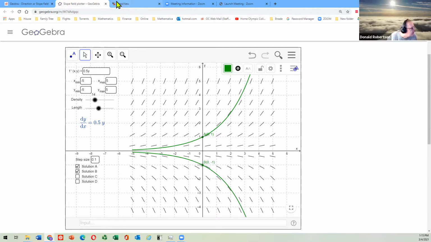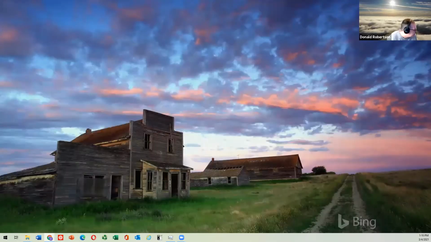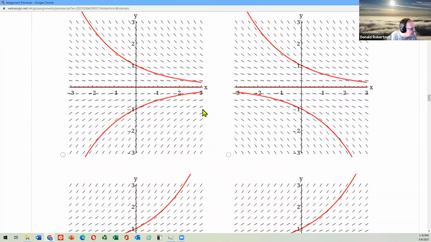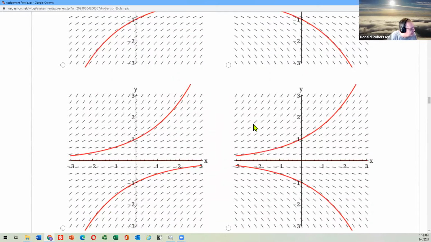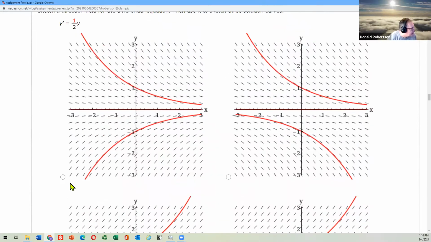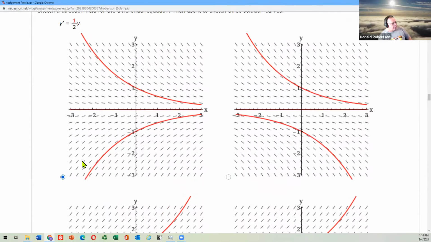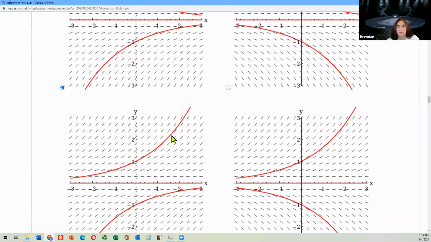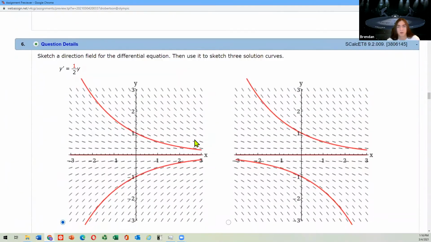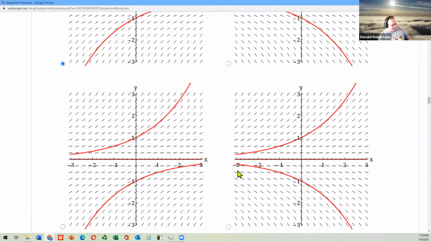Now, does that look like one of these? I think it looks like that one. Do you agree? And all that hard work was just so you could put a dot on one of 4 pictures. Actually, wasn't it the bottom right one? I didn't notice that.